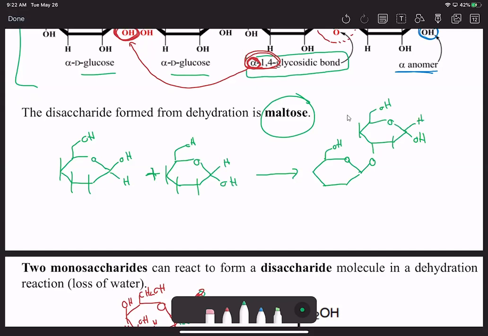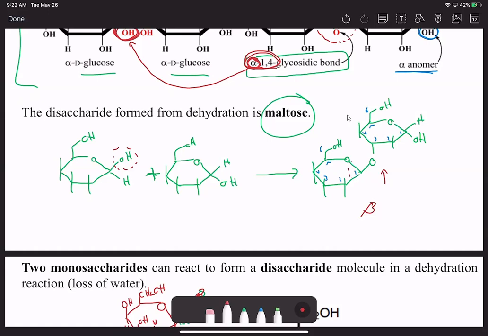What I'm going to be looking at is I'm going to number these 1, 2, 3, 4, 5, 6. I want to know the direction of this oxygen, and the direction is pointing up, which tells me that it is going to be beta.